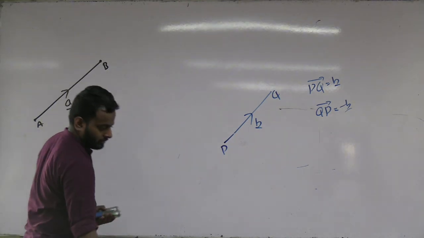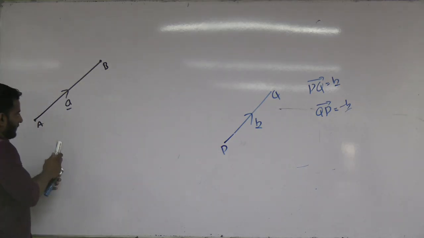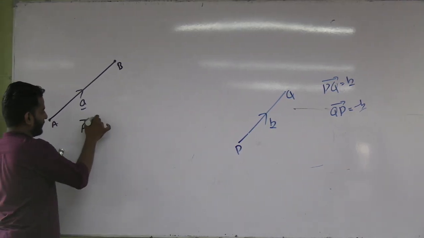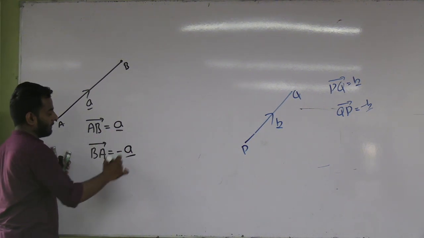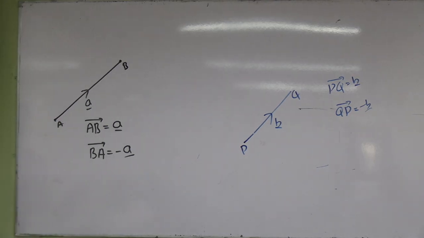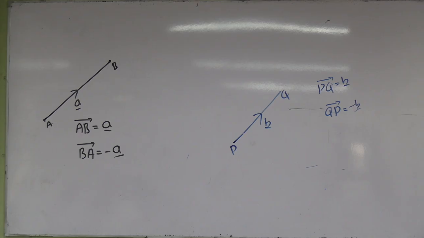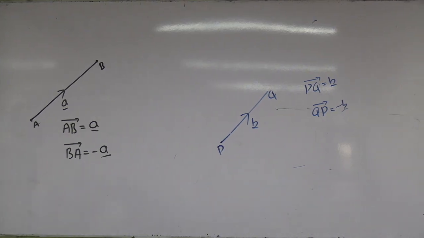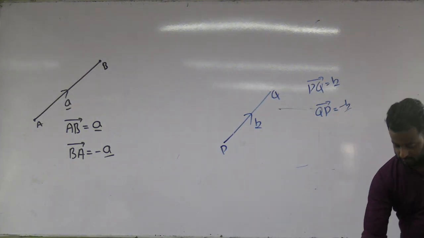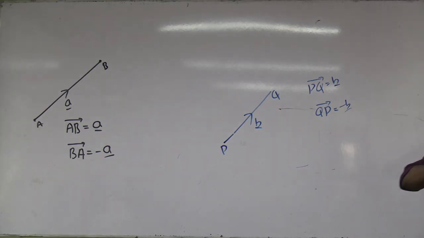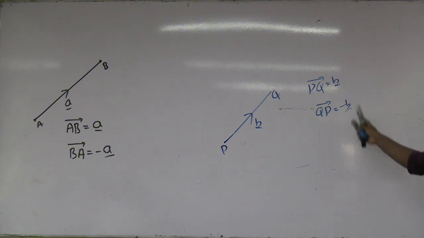Right. So just draw this diagram and below that write: the vector AB is equal to simple A and the vector BA is equal to minus A. We'll write this example also.